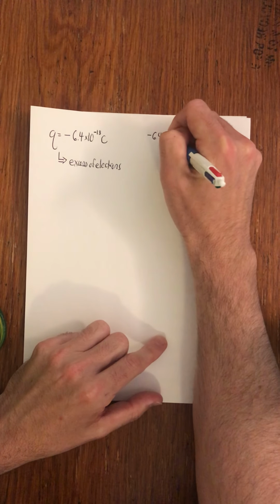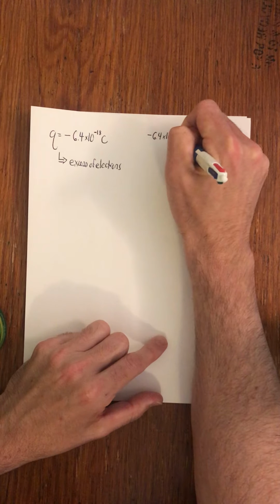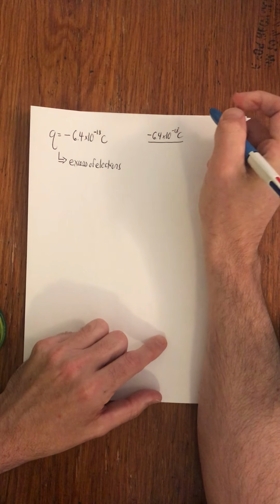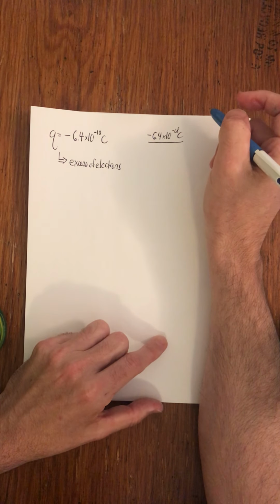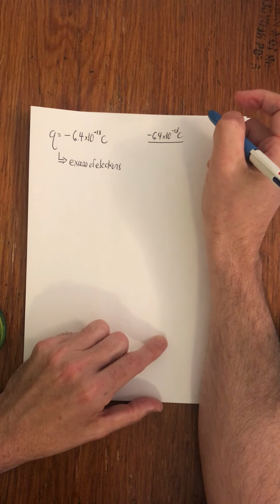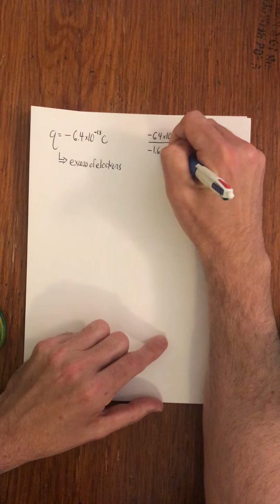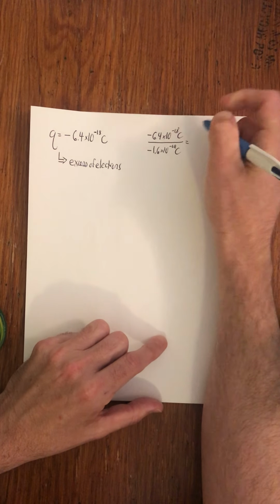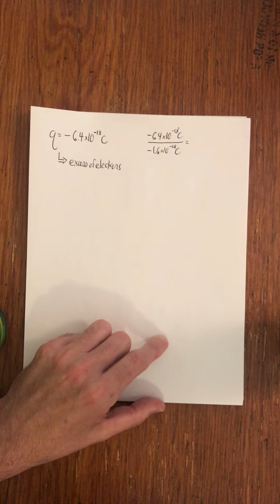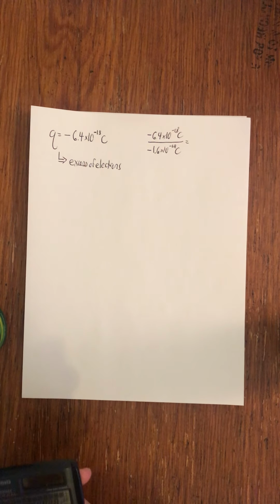Negative 6.4 times 10 to the negative 18th coulombs, and each electron has a charge of negative 1.6 times 10 to the negative 19th coulombs. We throw that all in our calculator. And we can figure out, so 6.4 exponent negative 18.